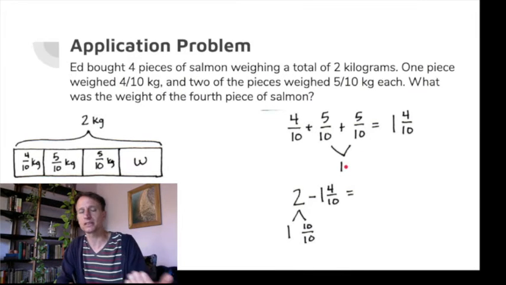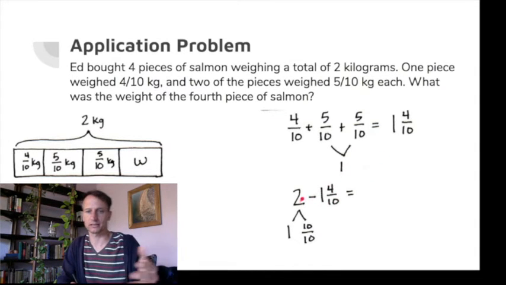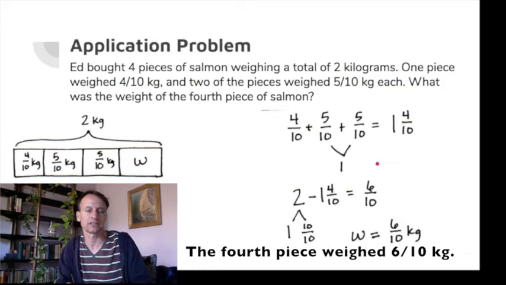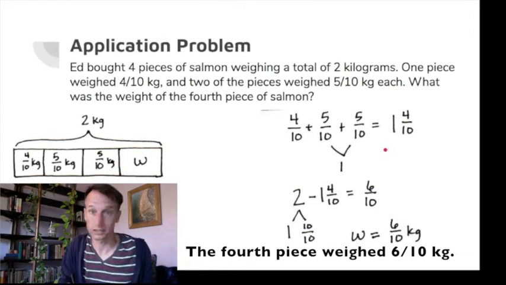The 2 we decompose as 1 whole and 10/10, and then 10/10 minus 4/10 leaves 6/10, and of course 1 minus 1 is 0. So we end up with 6/10 is the difference there. And then you need yourself a cute little statement saying, oh, the weight is 6/10 kilogram. The 4th piece of salmon weighed 6/10 kilogram. Solved! Ed can now start cooking.